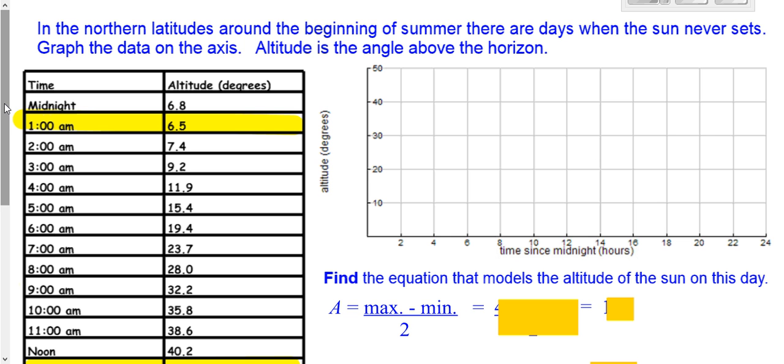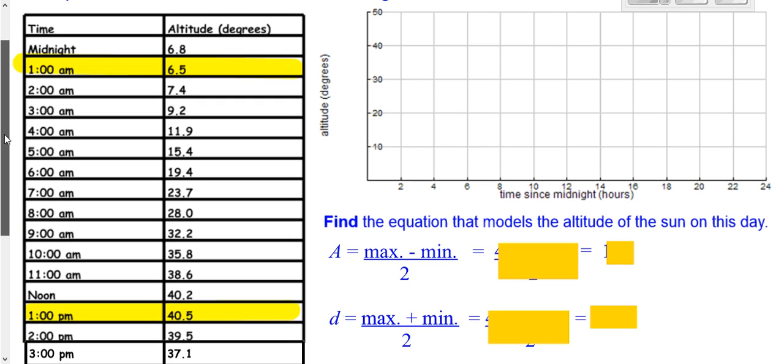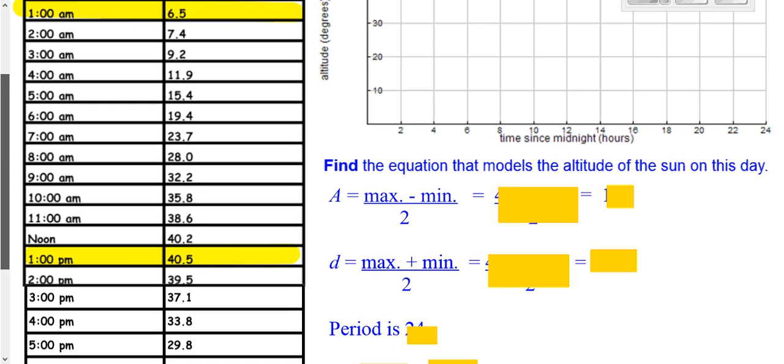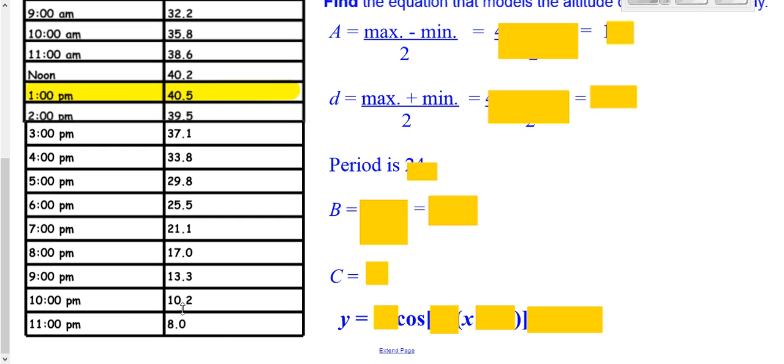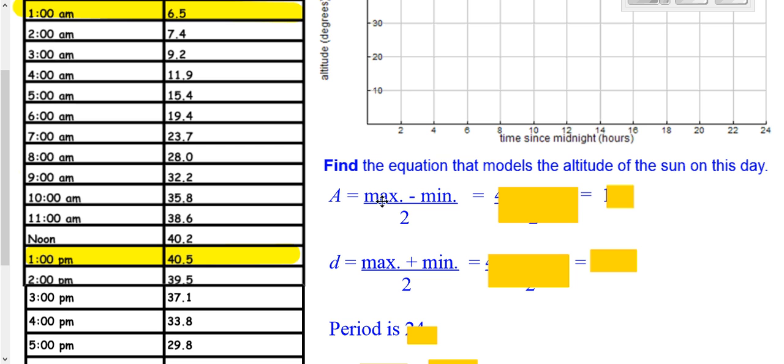Well, for A and D, you need to have your max and your min. So look at the altitude, find your highest and lowest values. Your lowest here is 6.5, your highest is 40.5. If you look all the way through, all the way down, you have nothing lower than 6.5, you have nothing else higher than 40.5. So those are our max and our min.